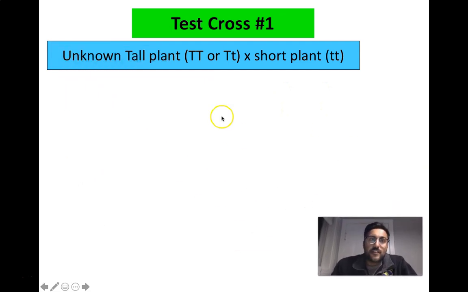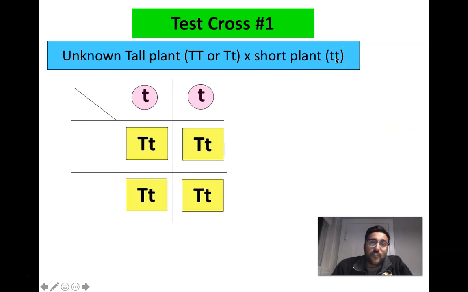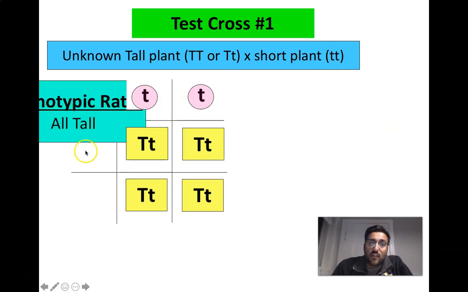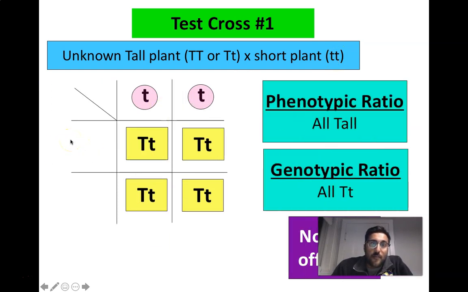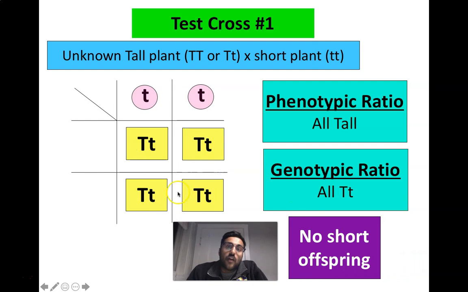Option number one. Let's say you cross an unknown tall plant. You don't know if it's big T, big T or big T, little t. And you have to do it with a short little t, little t plant, because that's the way Testcrosses are done. You do your cross. There's your Testcross little t, crossed with your unknown tall. And let's say when you did that cross, you found that all of the offspring were tall.